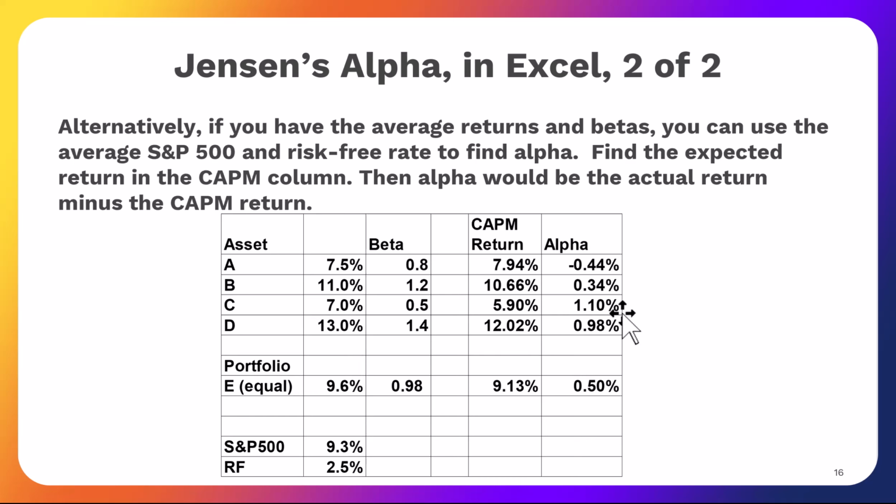C has the highest alpha. From this analysis, we would say that C is performing better than the other assets. It is the best performing of the assets. Or C is overperforming the other assets, and A actually is underperforming because it's negative.